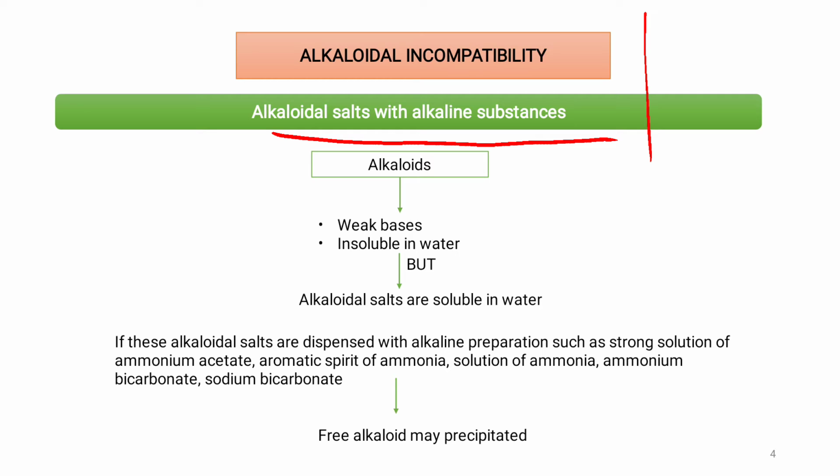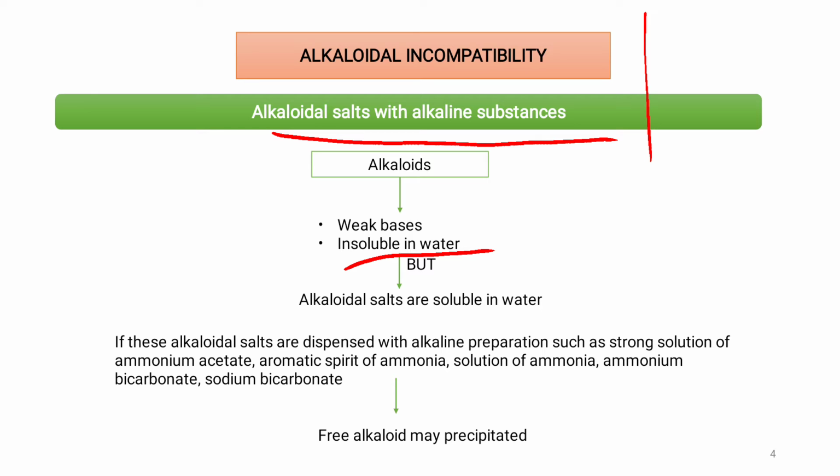We know alkaloids are weak bases which are insoluble in water, but their solubility can be increased by converting them into salt form. That is, alkaloidal salts are soluble in water.